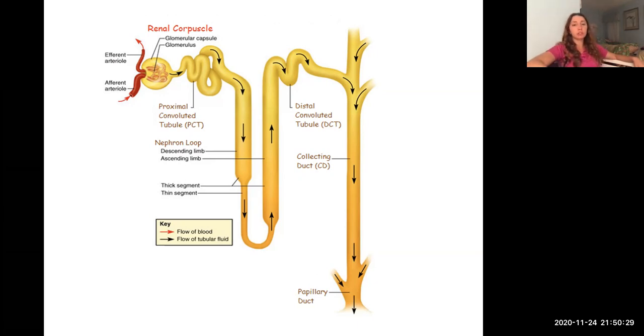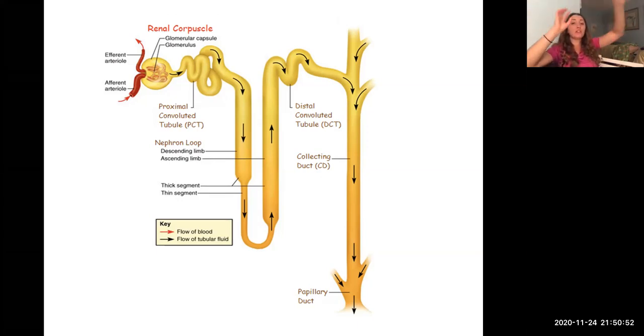And then as it goes down to the loop of Henle, outside of here it gets more and more concentrated, from 300 to 500 to 700 to 900, and all the way at the bottom it's about 1200 milliosmoles outside of the loop.